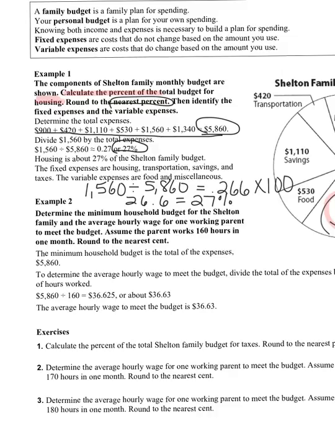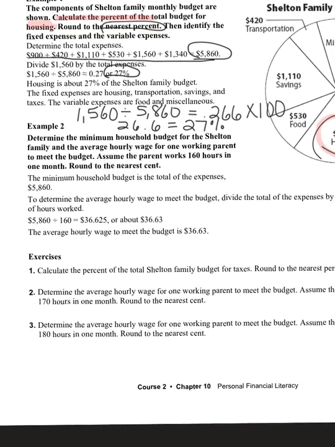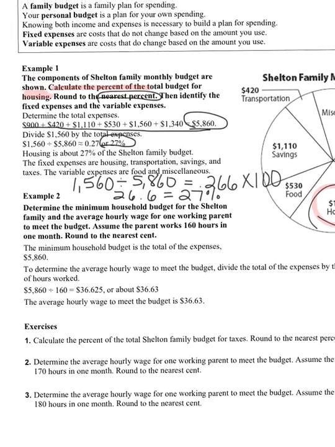Okay, now let's look at example 2. Determine the minimum household budget for the Shelton family and the average hourly wage for one working parent to meet the budget. And it says to assume the parent works 160 hours in 1 month, round to the nearest cent. Well, we already have what the budget was. We did it right here.